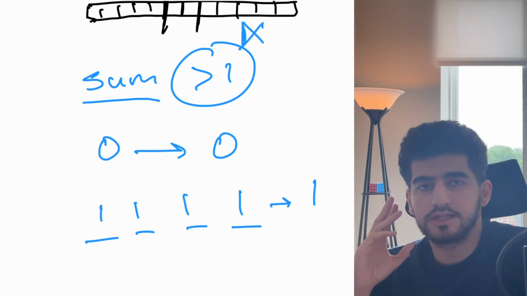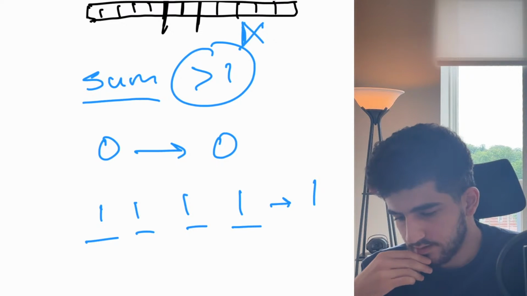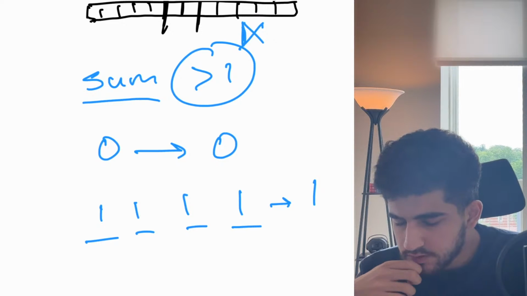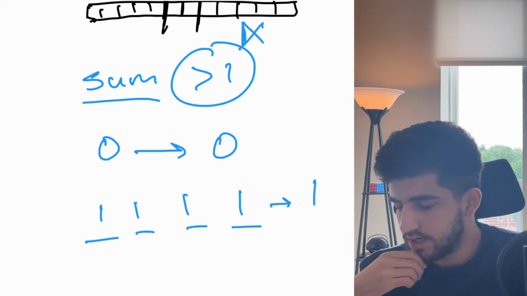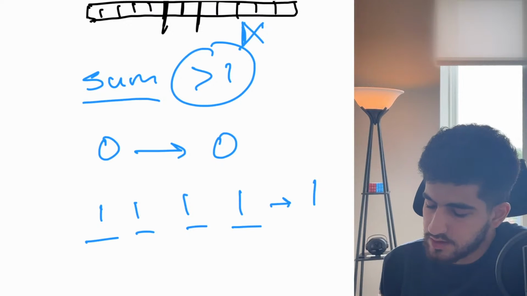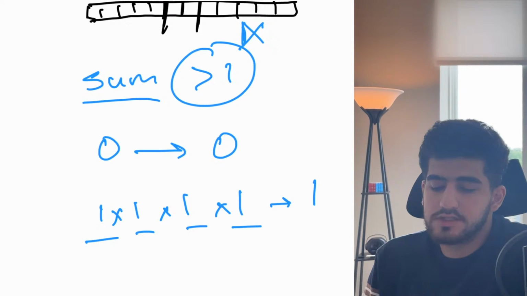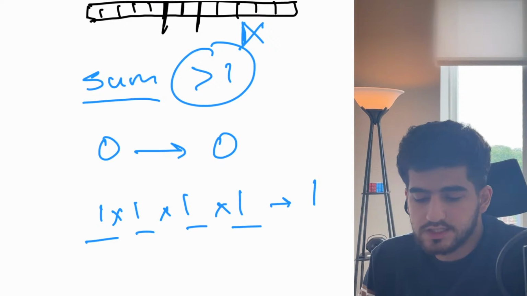Otherwise, the answer is going to be the sum of numbers greater than 1. How is it 1? In the case that all of the numbers are 1, we can just multiply them together, and the answer is going to be 1. And the answer cannot be less than 1 as well, so it is the minimum possible value.